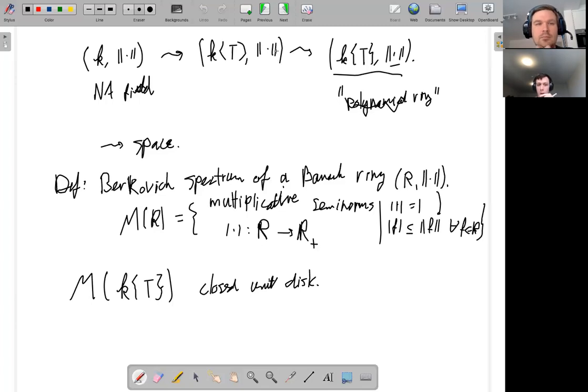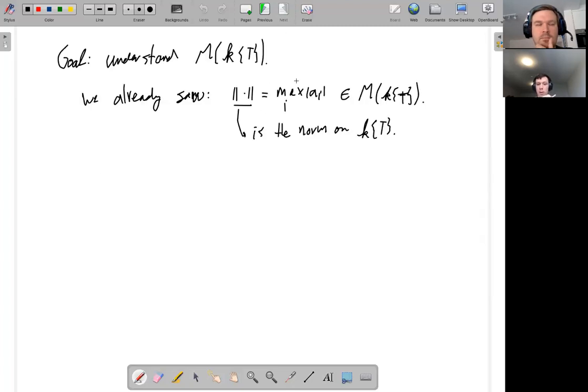So the content when you say that the norm on R lies in the Berkovich spectrum is that the norm on R is actually itself multiplicative. And so of course this is then also the maximum element by definition, for all other norms.